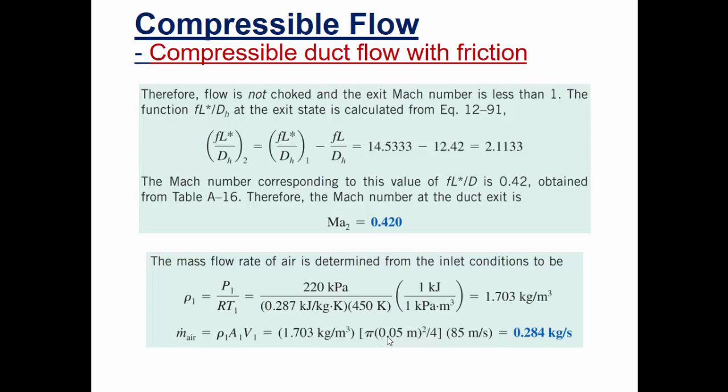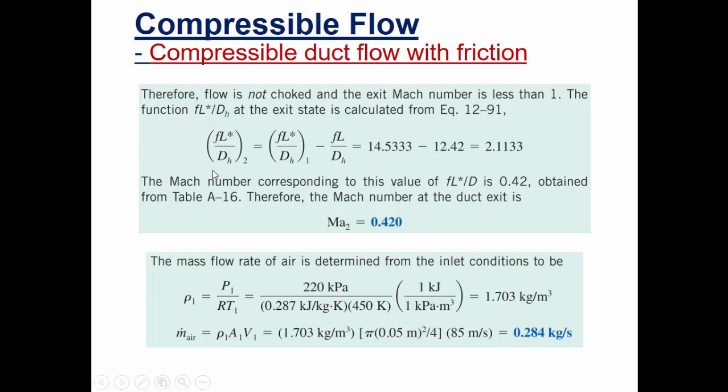So therefore we can actually calculate the critical length of the exit, or we can calculate the critical length where, when the Mach number at the exit is equal to a certain value, at what length the Mach number at the exit will reach the critical value of Mach number equal to 1.